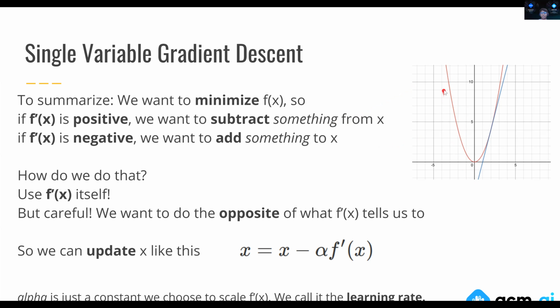And if you want to slide down the slope, you naturally end up with a minimum. So not only is the sign of it important, but it's also the magnitude of it. If you see at the point close to the minimum, the gradient is really small. So that means we're a lot closer. On the other hand, if we're up here, the derivative is really large. So that means we're quite far away. So the sign is important, but also the magnitude. And in total, f prime is just a really nice package to do this optimization.